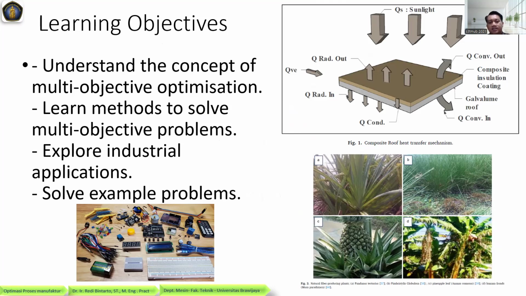The example is about a problem in roofing technology. I found that when the sunlight comes to the roof, in a metal roof actually, it gets hotter, and the environment gets hotter, and the temperature inside the room gets hotter as well.